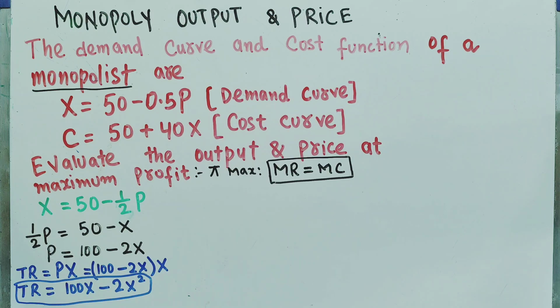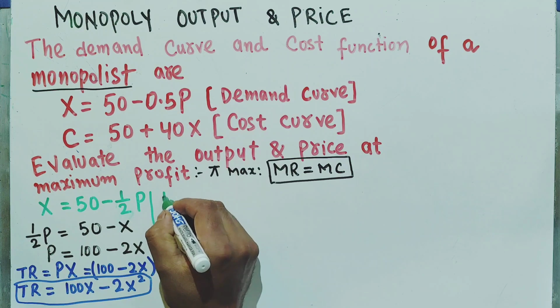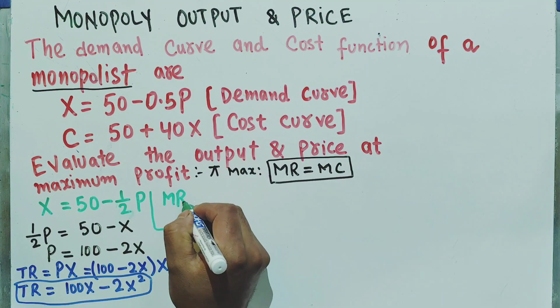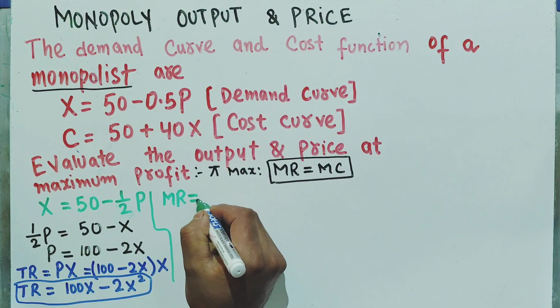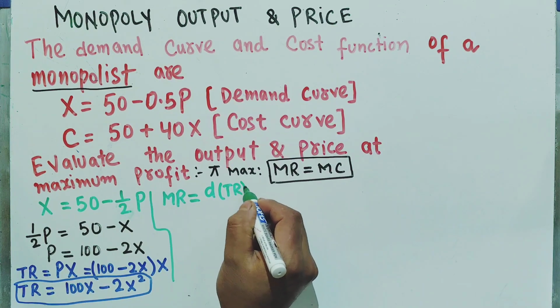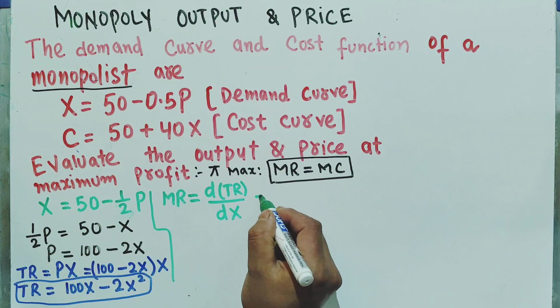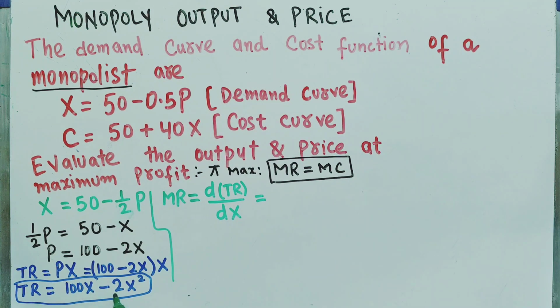Now we can simply find the marginal revenue function. Marginal revenue is simply equal to the derivative of the total revenue function with respect to output, that means dx. So we differentiate this total revenue function with respect to x.